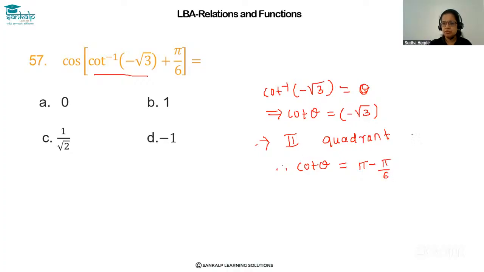If it were positive, you could directly take pi by 6, but here you have a negative sign, so you have to check in which quadrant cot is negative. In the second quadrant cot is negative, so you take pi minus pi by 6, which is equal to 5 pi by 6.